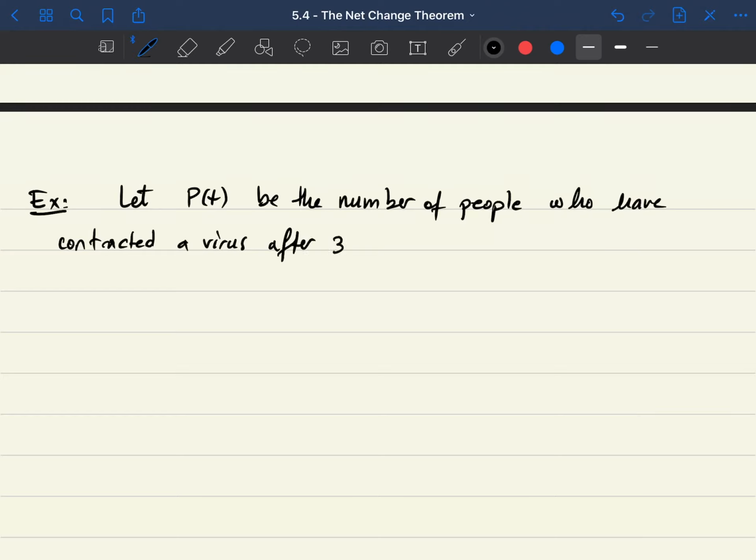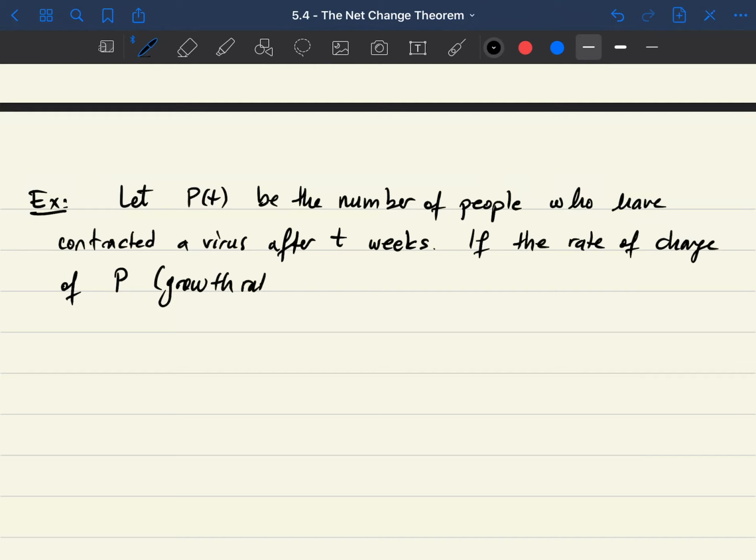A virus after T weeks, sorry, after T weeks, not 3 weeks. If the rate of change of P, this is the growth rate, is given by, of course, we're going to have an exponential model, given by the following.